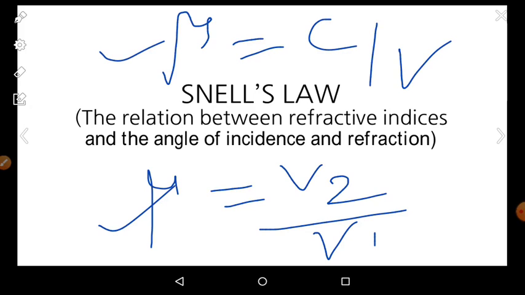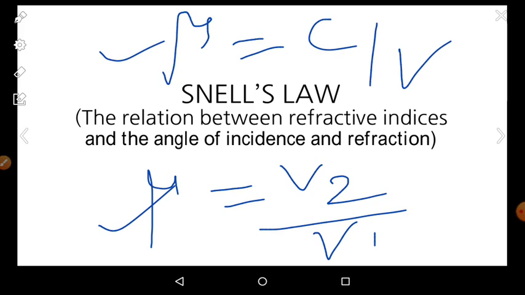And what is this Snell's law? This is also a formula which expresses the refractive index in terms of the angles, angle of incidence and angle of refraction. In 1611, a Dutch scientist, Snell, discovered and derived it.